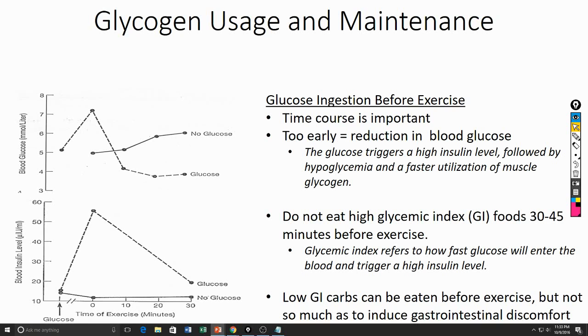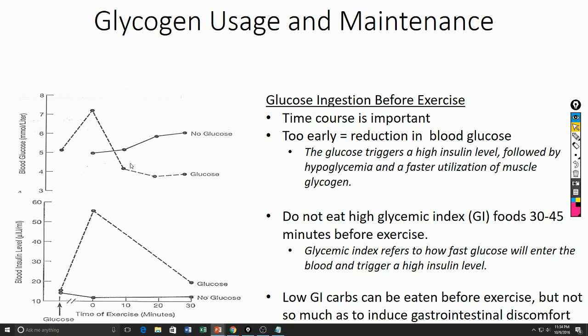If you take in too much sugary stuff right before you work out, blood glucose levels spike up, and if they get high enough, insulin levels will respond by increasing as well. Your pancreas will produce insulin, and that insulin then tells your muscles to pull up all the blood glucose, and what you can have is kind of a crash.